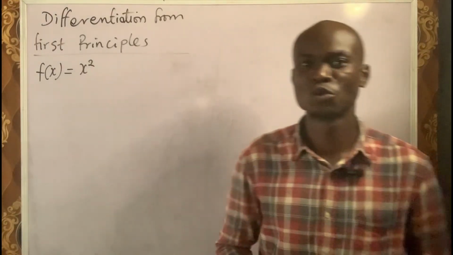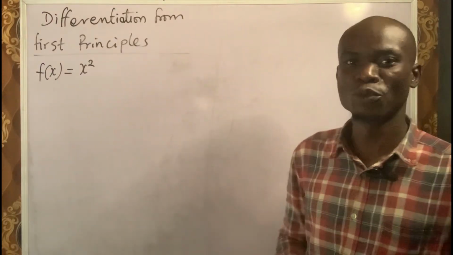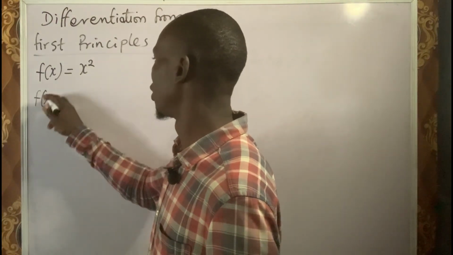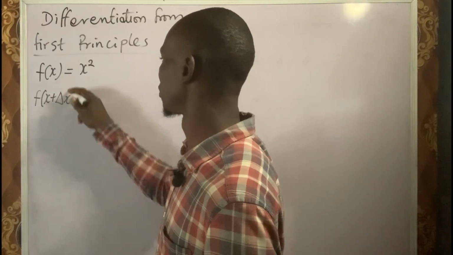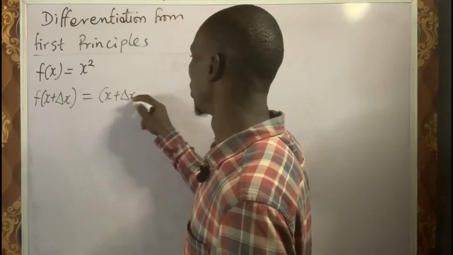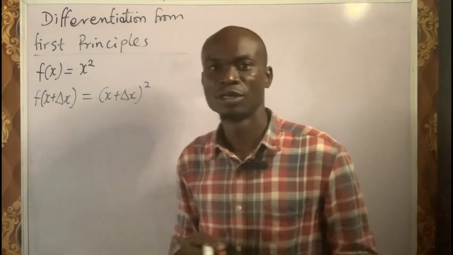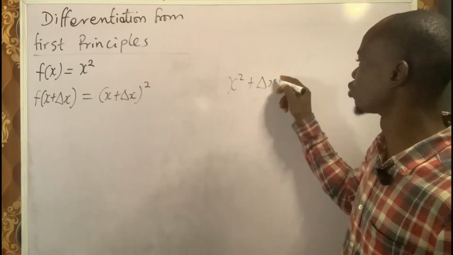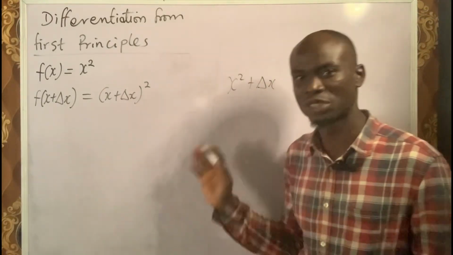Okay, so let's look at this example. In this example, we have x squared. So this becomes f of x plus change in x equals x plus change in x all squared. One of the common mistakes people make here is to put x squared plus change in x. That's why I say you are not adding change in x to both sides.